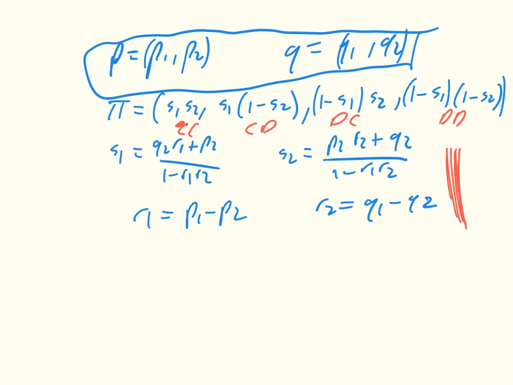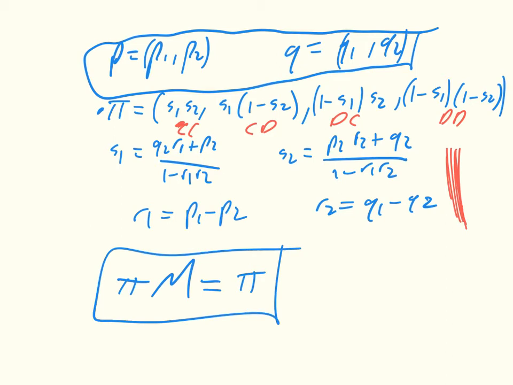The proof of this is not terribly clever. It is simply take this matrix pi and multiply it by the matrix M that we had before, and you'll crunch a lot of numbers, and you'll end up with pi again. Okay, so that's the proof.